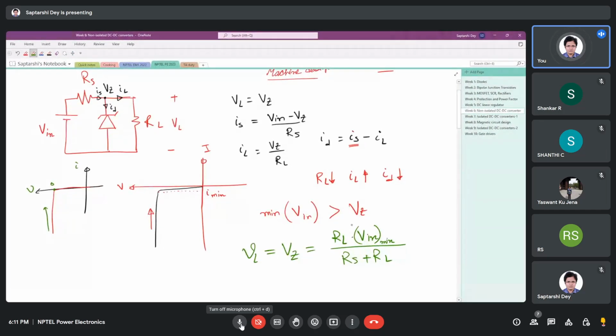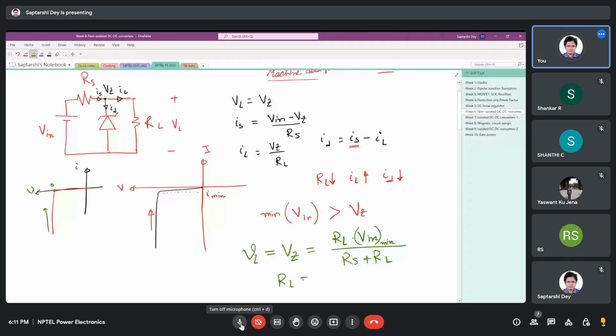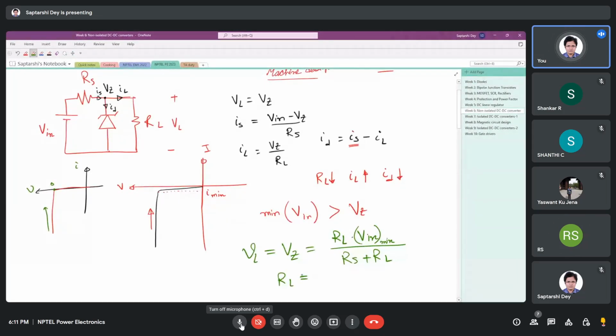This means even at the minimum value of the input voltage, my output voltage is held constant at Vz. From here you can calculate your RL. Now if you increase RL, the voltage across RL increases, so the diode again comes into action because it will not allow more than Vz across it.